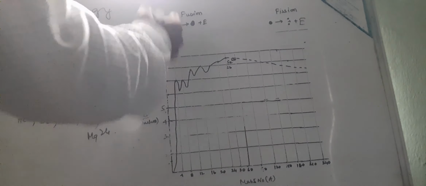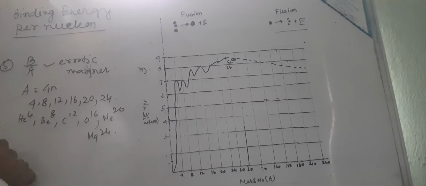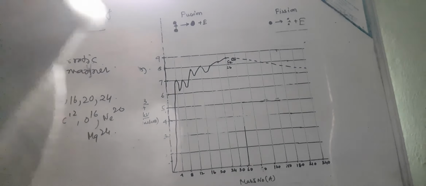And the last outcome of this binding energy per nucleon with the mass number is that this graph of binding energy against A says that there are discontinuities at neutron or proton number values 2, 4, 8, then 20, 50, 82, and 126.